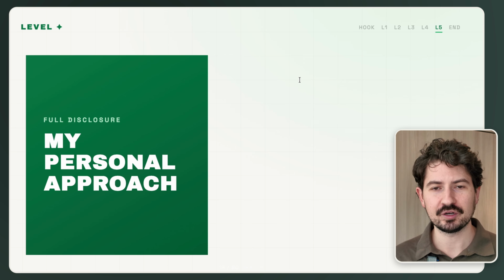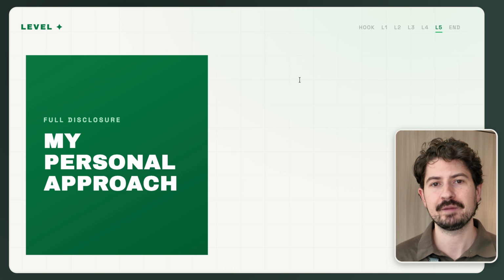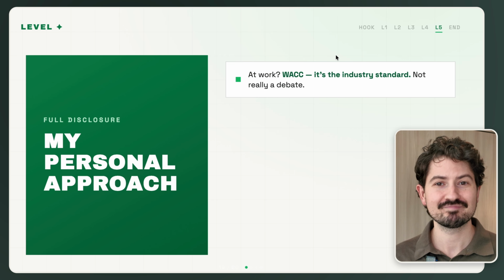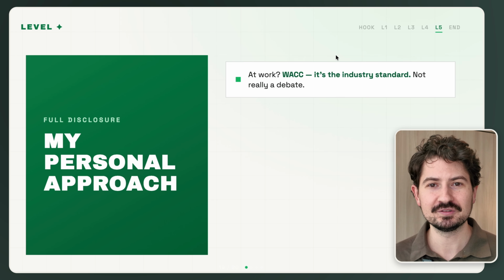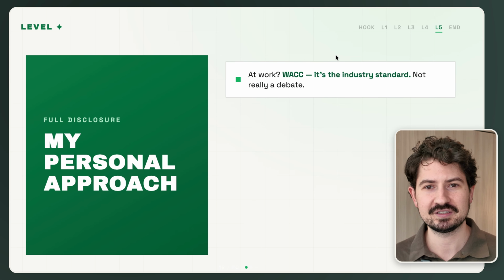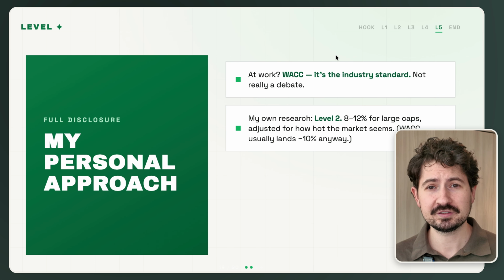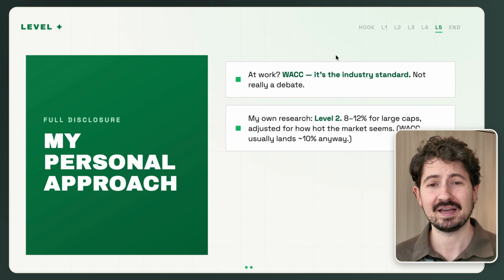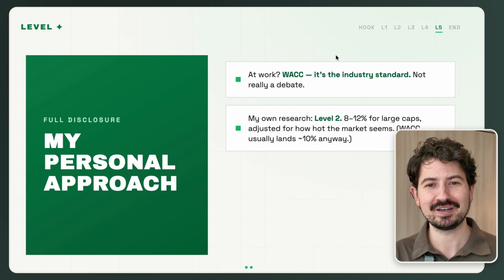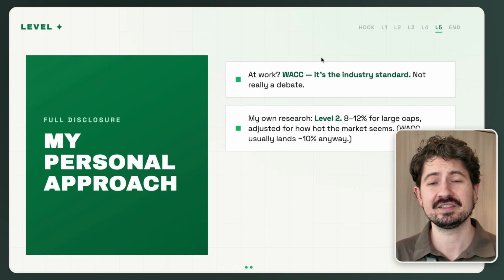So after we've gone through all this, let me tell you what my personal approach is to this. At work, I just use the WACC that I'm supposed to be using, and it's calculated in the industry standard way using the CAPM formula and the cost of debt formula. In my own research, I typically just stick to level 2. I definitely acknowledge that I am not able to time the market, but I do like to stick to the belief that this time is not different.